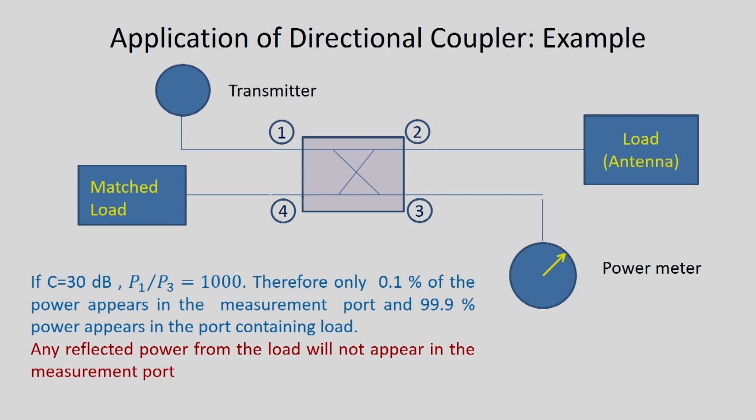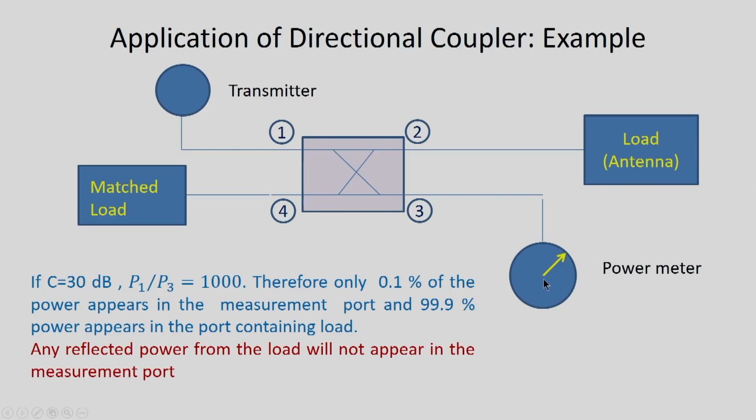We are assuming port 4 is perfectly isolated and does not get any power from the transmitter. So, by monitoring the level of power here in this port, we can know how much power is being delivered to the load. So, we are essentially measuring a very small fraction of power to know a large amount of power that is being delivered to the load.